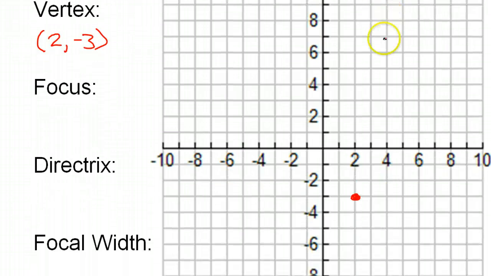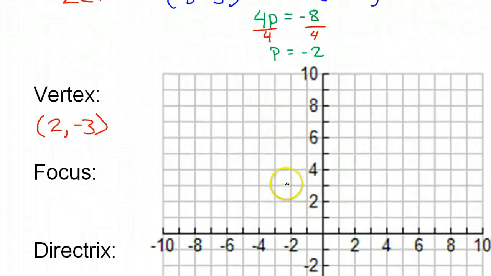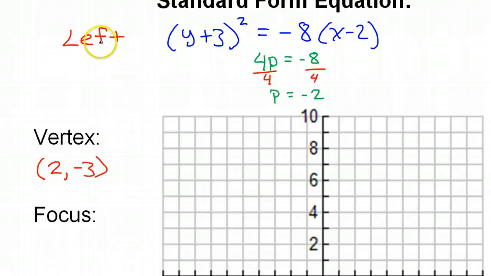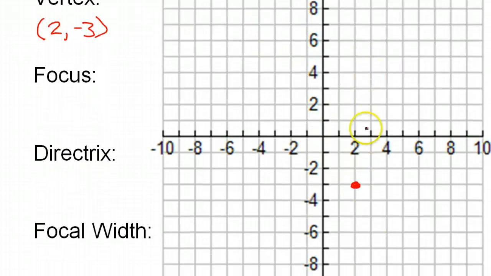Okay, so I knew that the parabola was facing to the left. But now I know that the focus will be to the left by 2. So starting from the vertex, if I go left 2, that puts my focus right here. So that is the point 0 comma negative 3, by the way.